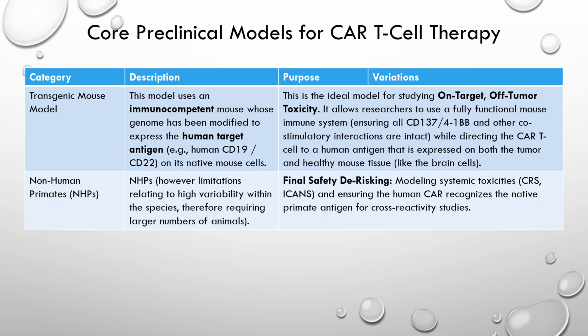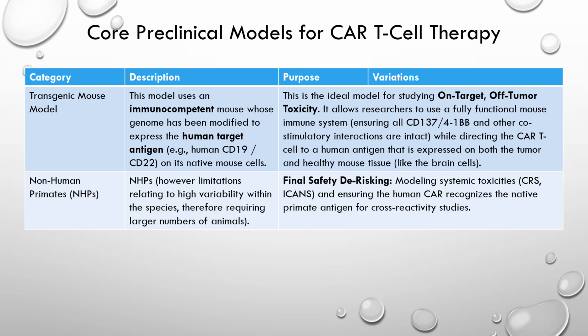So you can look at that interaction with CD137 and the other co-stimulatory domains. You can look at that interaction with the other immune cells for persistence as well, but it's specifically useful for looking at on-target off-tumor toxicity, because you're looking at the actual antigens that are expressed in humans.